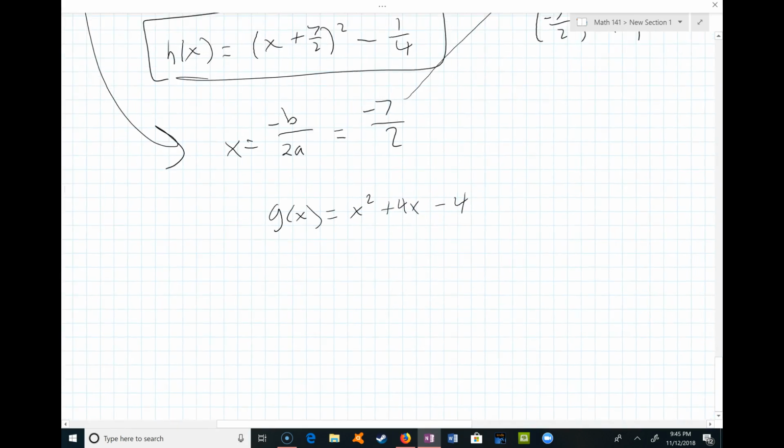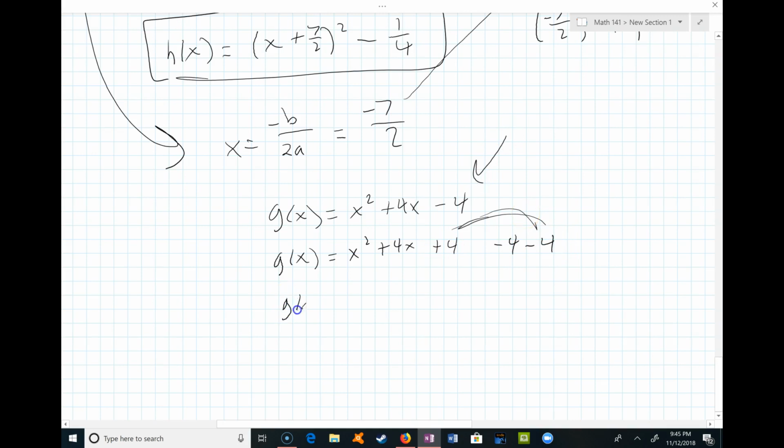So to get a perfect square, first thing I'm going to do is move the minus 4 out. And I'm going to take half of 4, which is 2. 2 squared is 4, so I'm going to put a plus 4 there, which means I need to put a minus 4 out there because I want to counterbalance those two things.